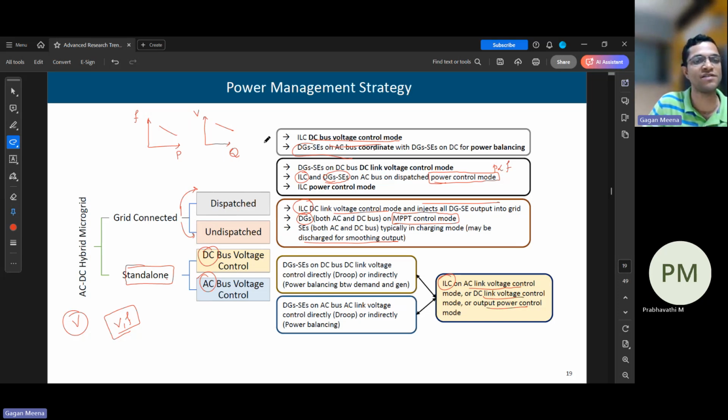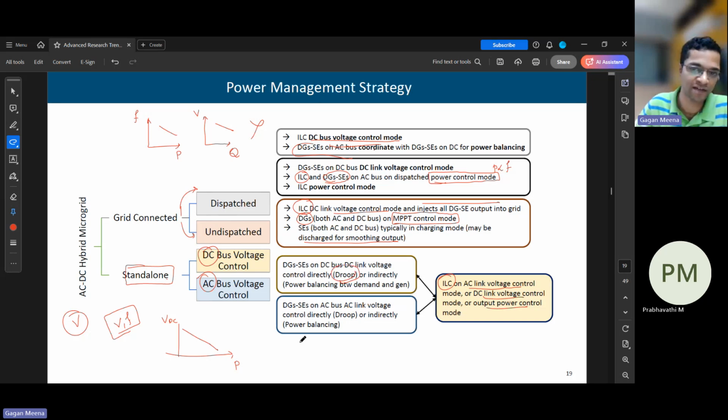In DC, frequency is zero, and so there is no reactive power also. These droops are not applicable for DC. In DC microgrid, we have droop between VDC, the DC link voltage, and the output power of the distributed generator, P. This droop is used, and that is droop control here.